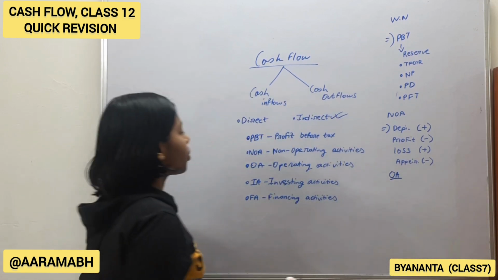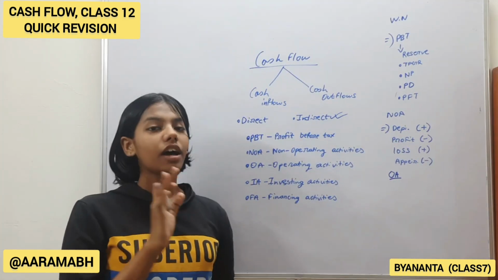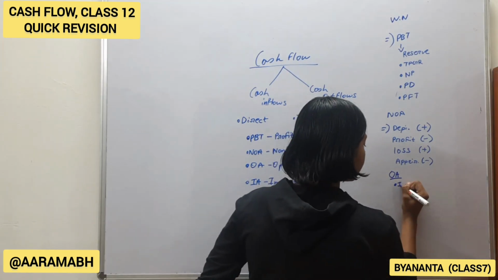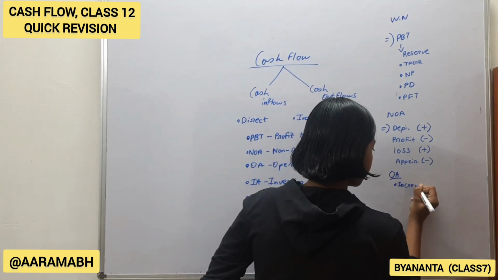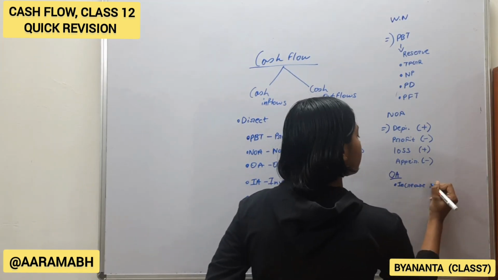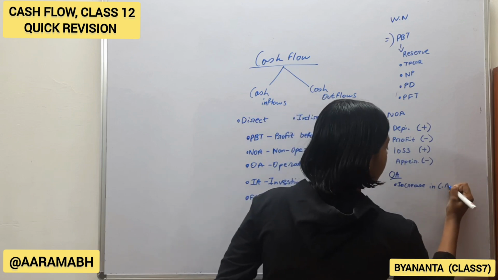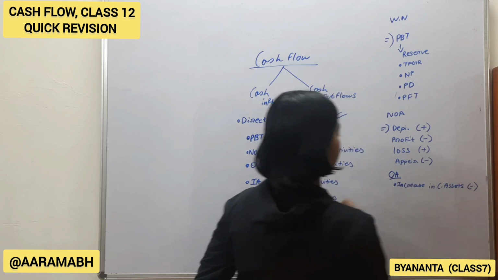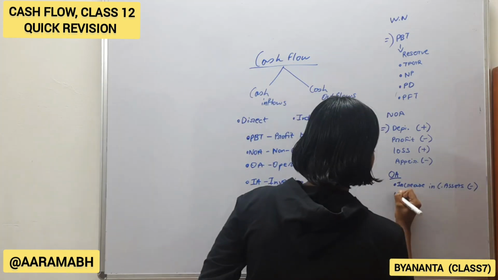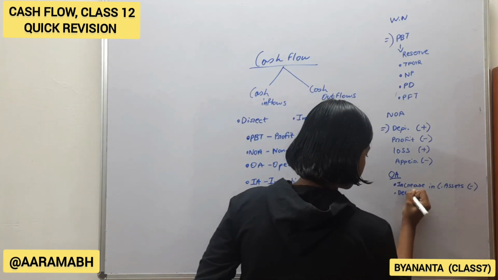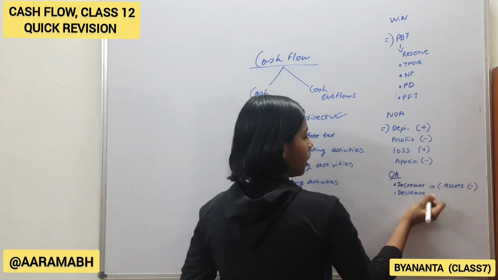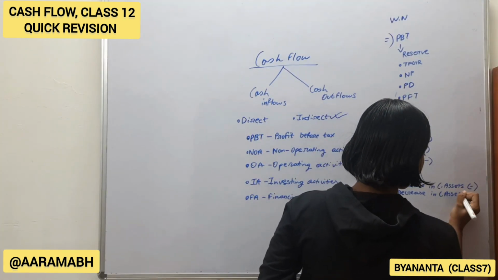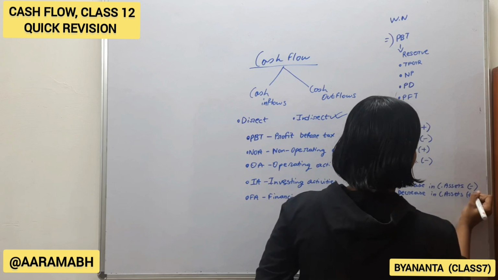Now we'll start with OA. As I already told you, it deals with stuff related to current liabilities and current assets. So, when there's an increase in current assets, we less the amount. And when there's a decrease in current assets, we add the amount.